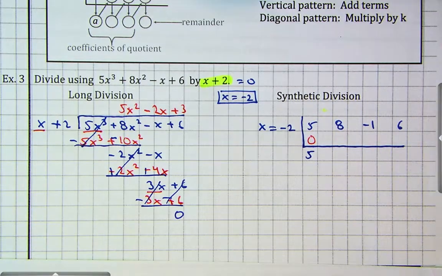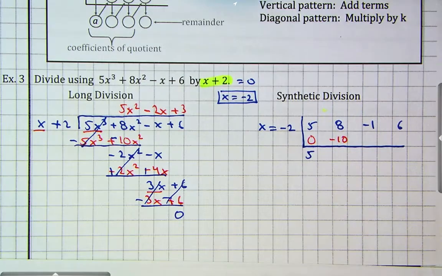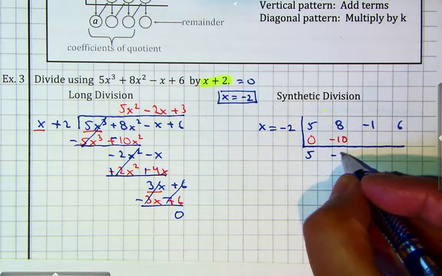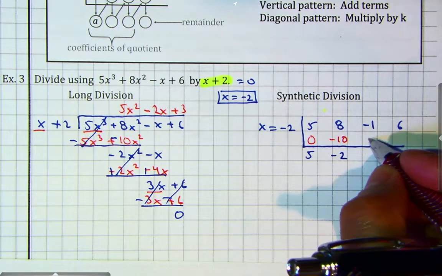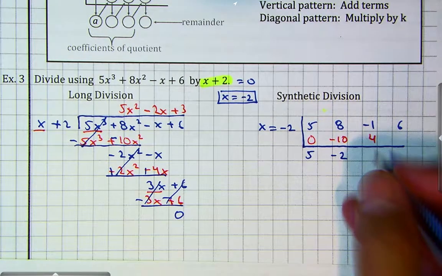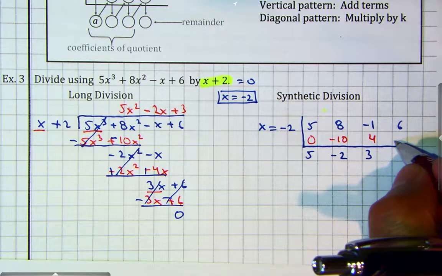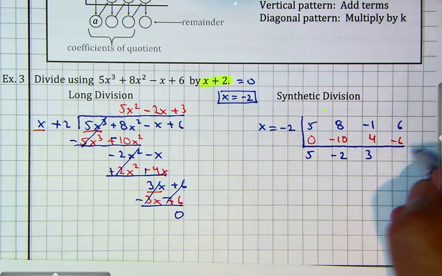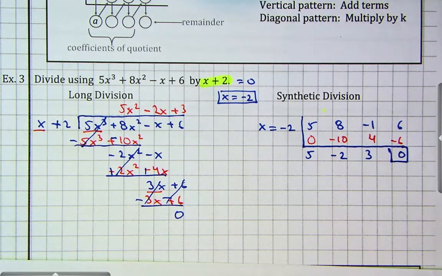You multiply. Negative 2 times 5 is negative 10. Then I'm going to add. You multiply. Negative 2 times negative 2 is positive 4. Then I'm going to add. You multiply. Negative 2 times 3 is negative 6. And then I'm going to add. And this remainder is 0.